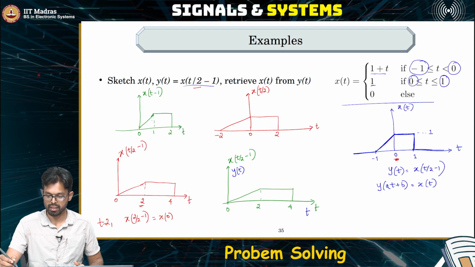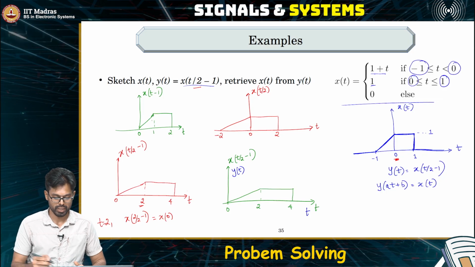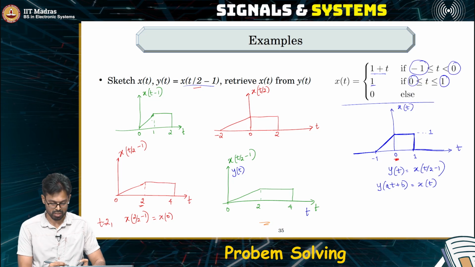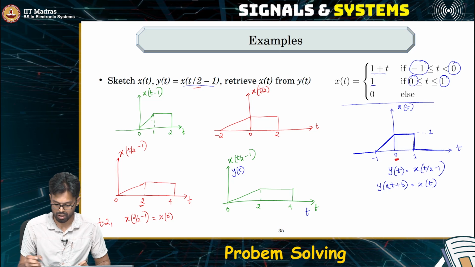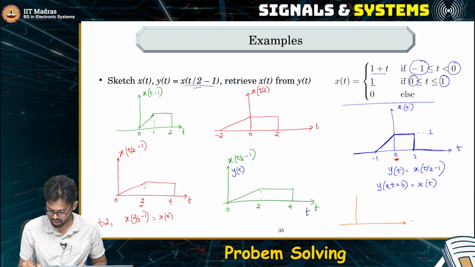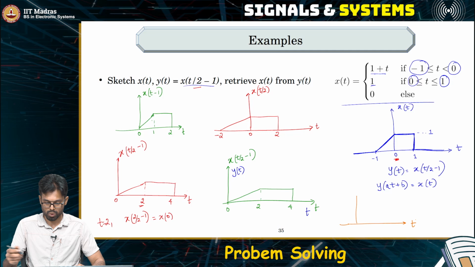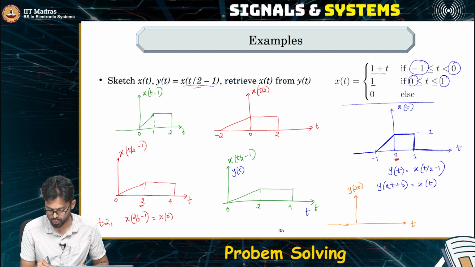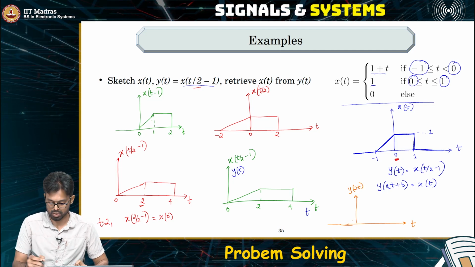So we scale this signal here by 1 by a first. A here is half, so 1 by a is 2, so y of 2t: you're going to squish it about the origin.